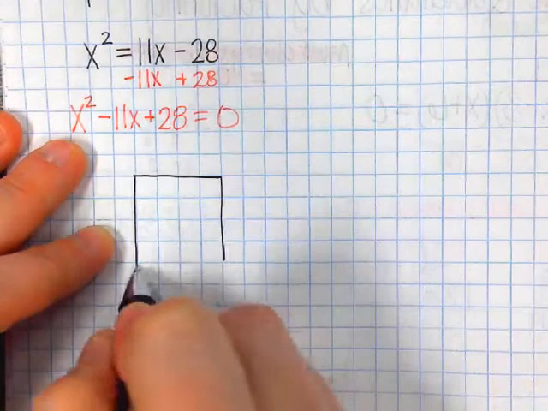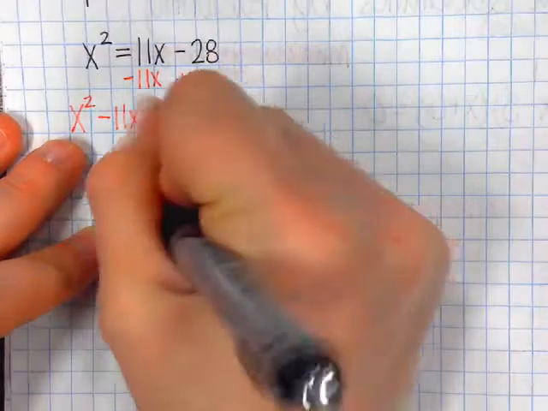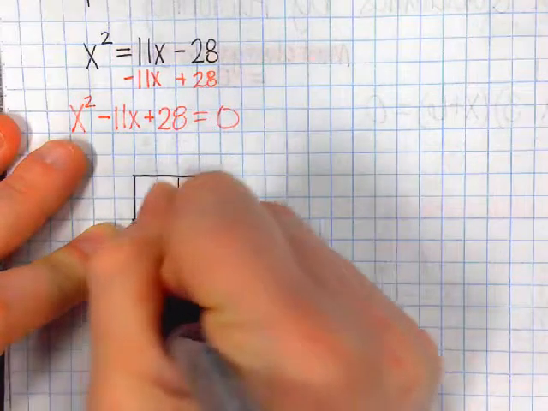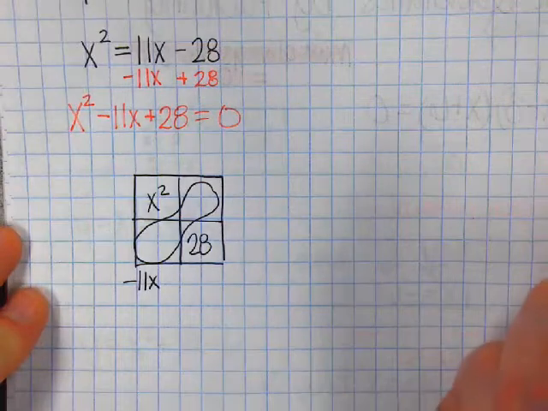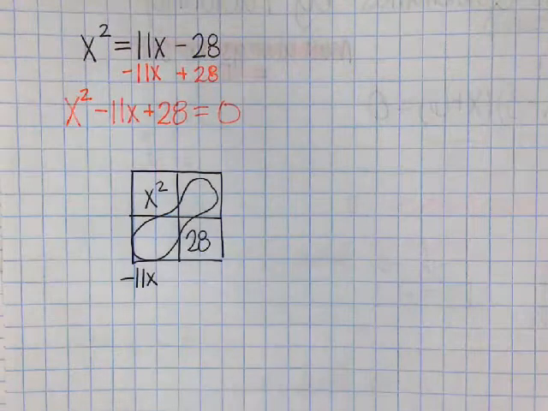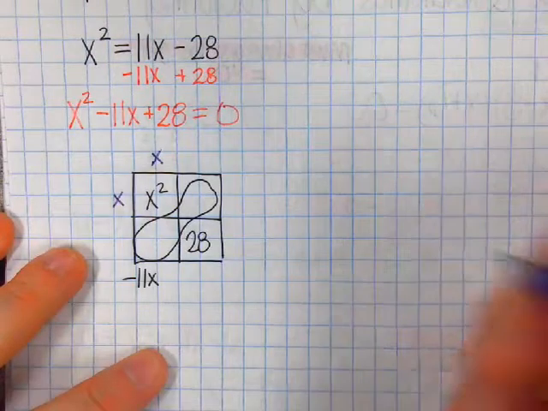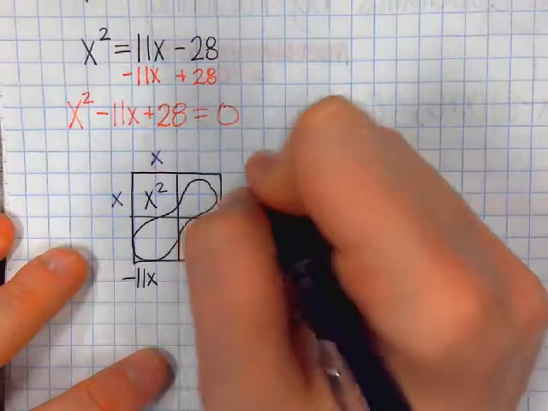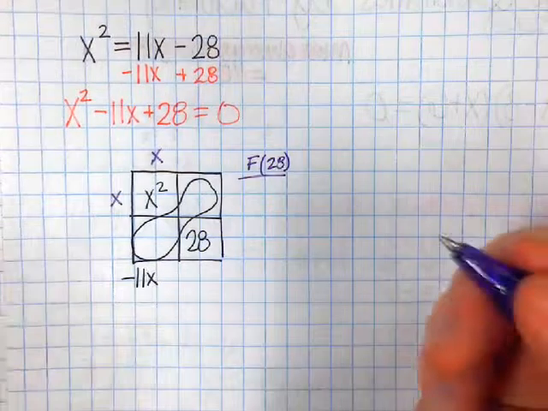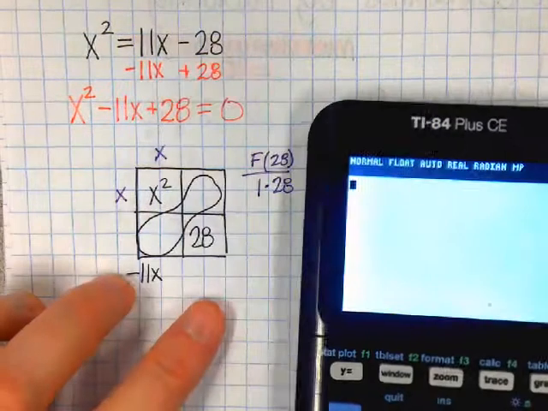Now I can start factoring it. So 28 goes in the last box and x squared in the first, and these two boxes combine to get a -11x. Okay, we know that x times x gives us x squared. So we need to find the two numbers that multiply to get 28 and add to get -11.